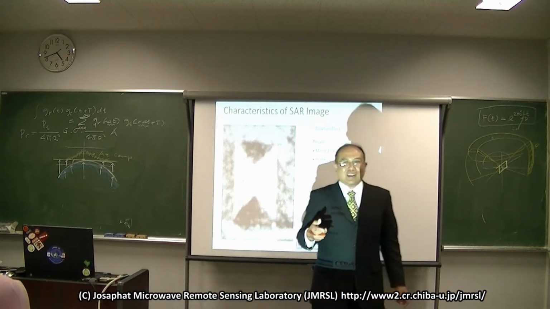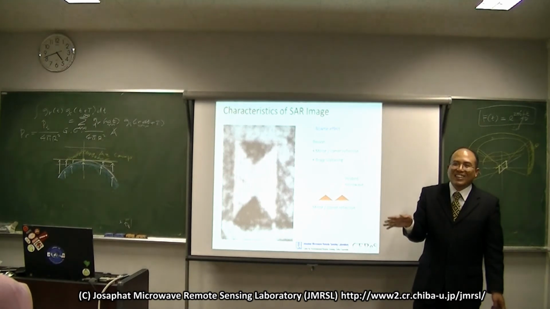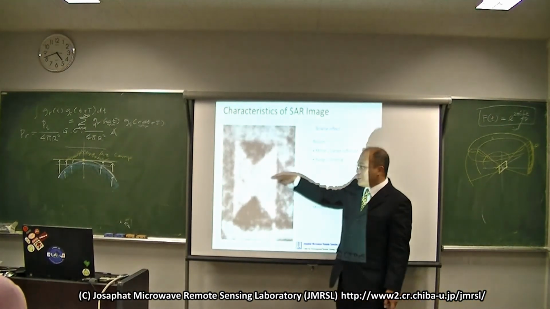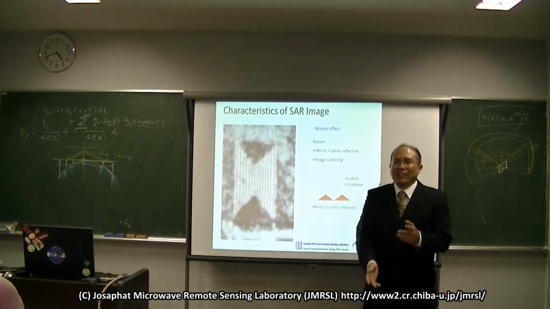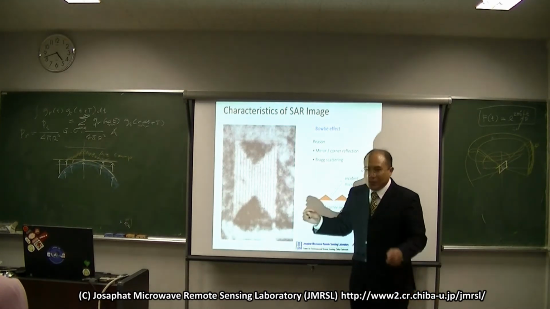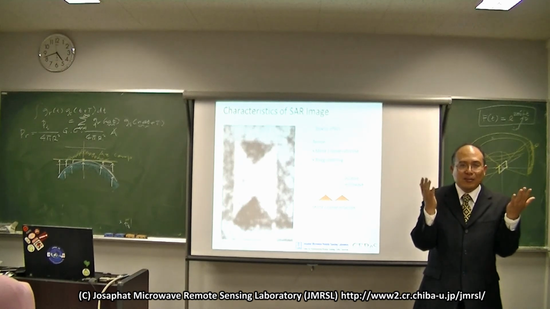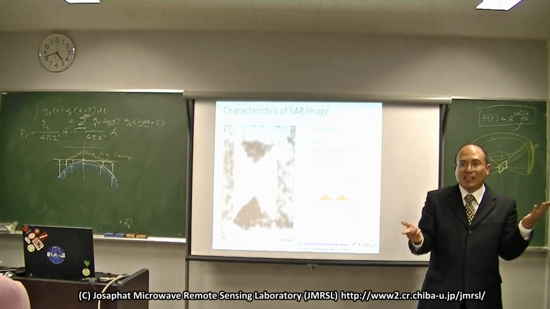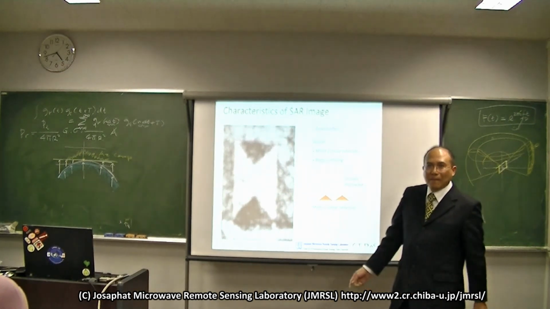Our radar is side looking. The radar is this one, but the satellite is like this. So you can read from your radar image which direction my satellite is moving, and predict what phenomena.